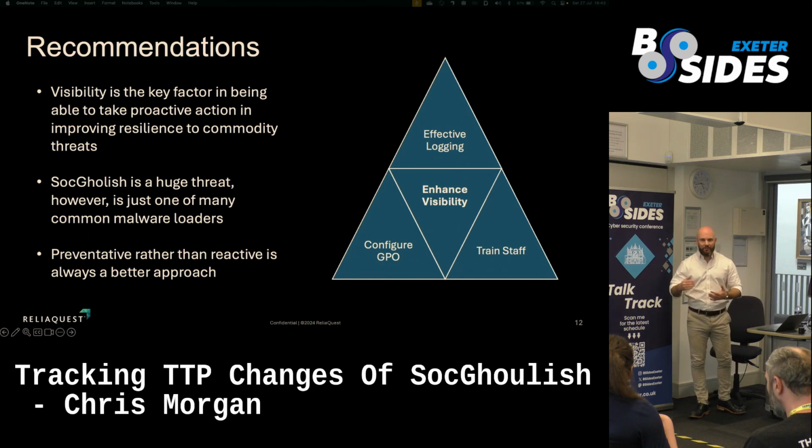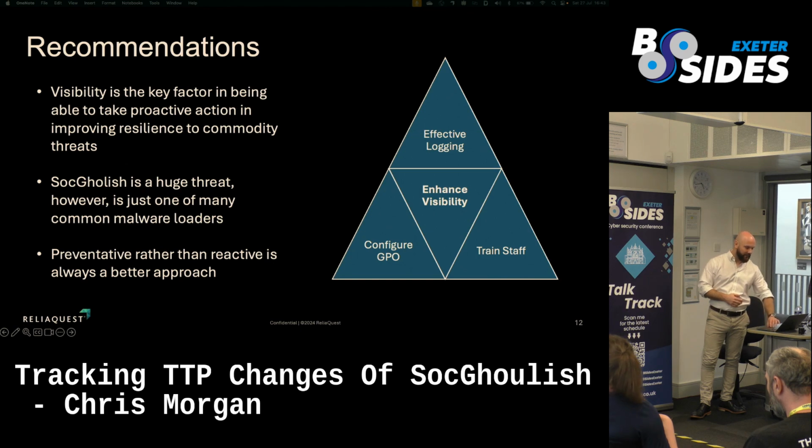These logs you need to be collecting. You need to have really good network telemetry. I put GPO in there as well. So configuring Notepad to be the default application that JavaScript files open in, that can be a really useful way of stopping many of these JavaScript-based malwares from actually going places and doing bad things.